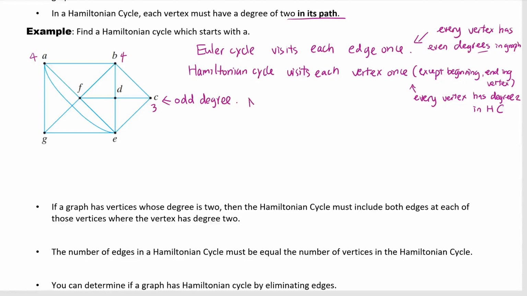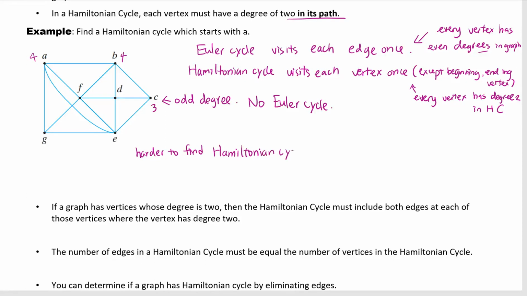That's why we know there is no Euler cycle, because the degree is 3, and 3 is odd. But do we have a Hamiltonian cycle? In fact, in this case yes, and it's usually harder to find.